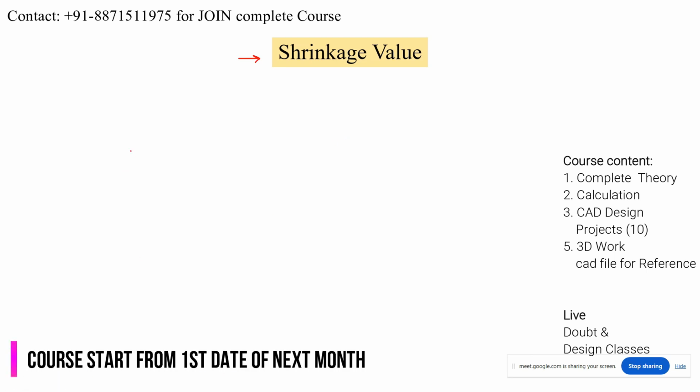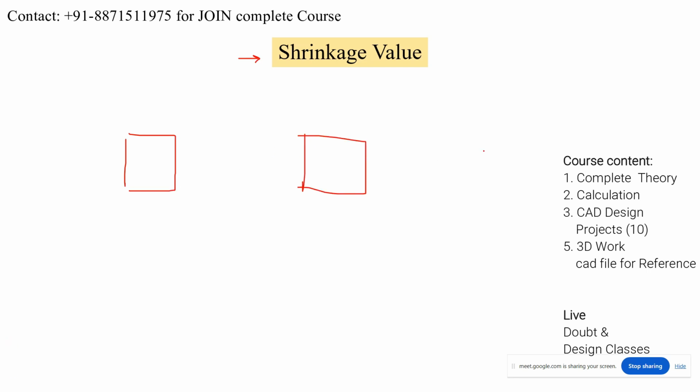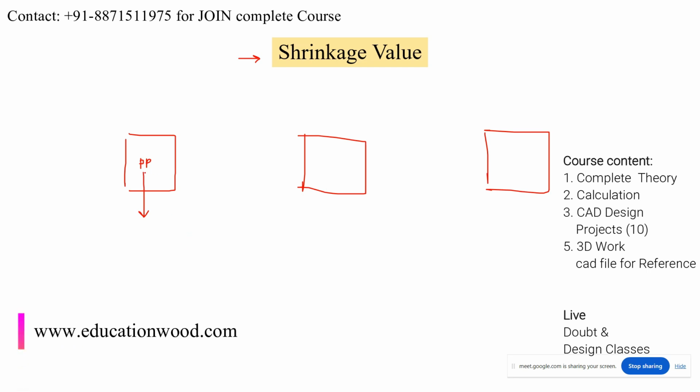See here, for example, I have three types of material. One is the polymer, PP. What is the full form of PP? If you are from the costing department, you will know the full form of the PP material. Polypropylene, right? It is a thermoplastic material.